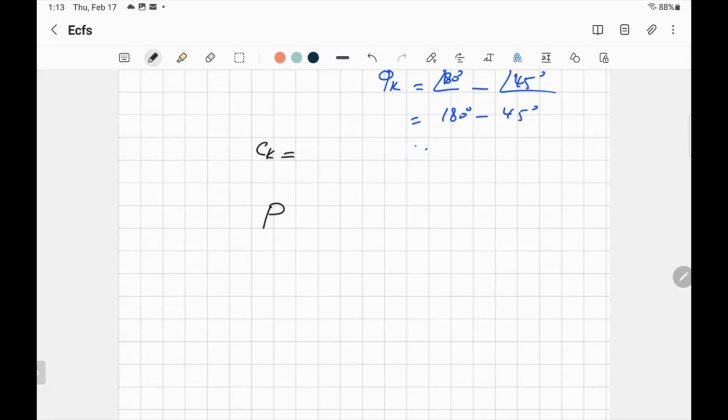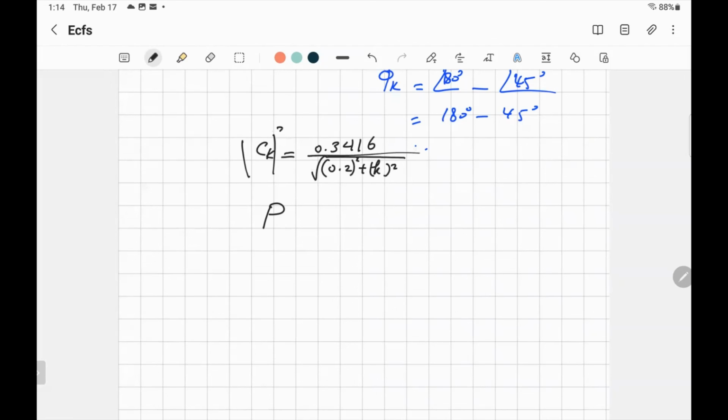I'll write the Ck that we got. It's equal to 0.3416 divided by 0.2 plus jk. If you want to find the magnitude, you square everything here, take the square root.